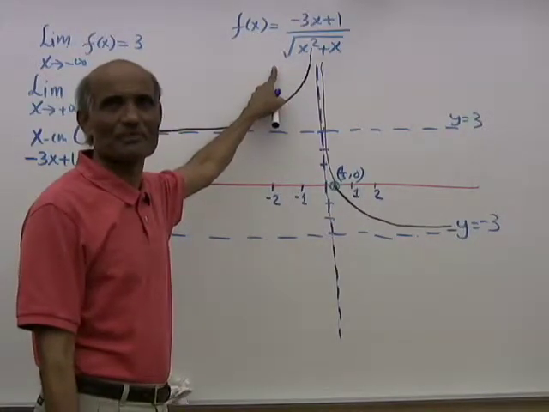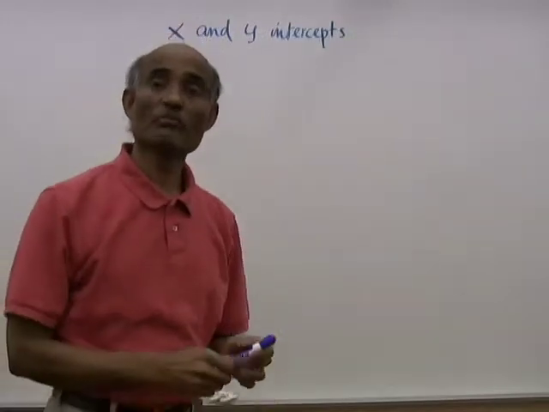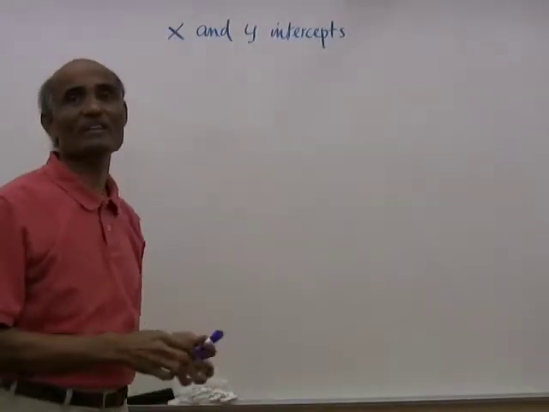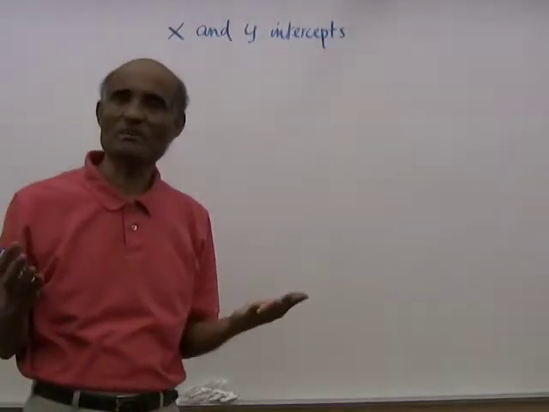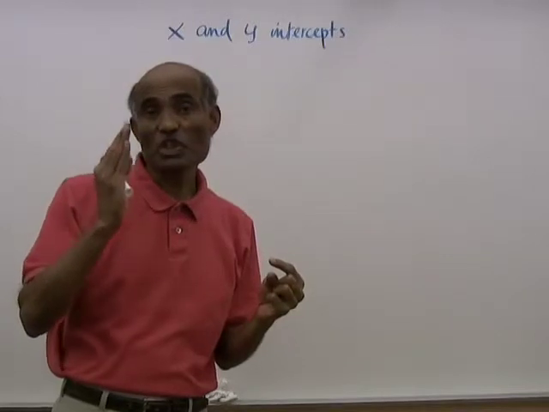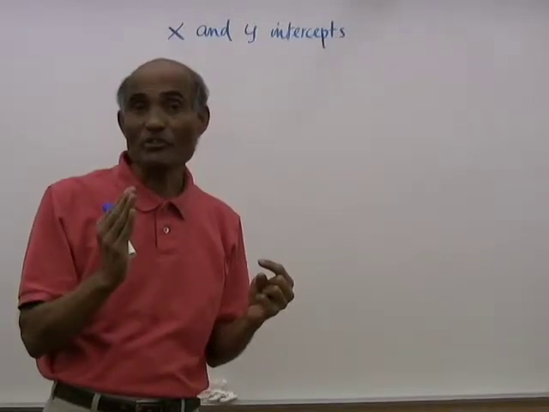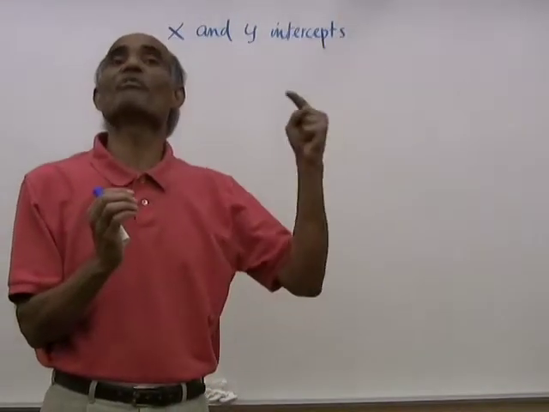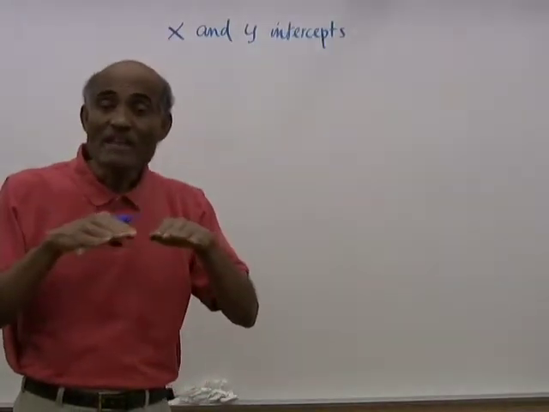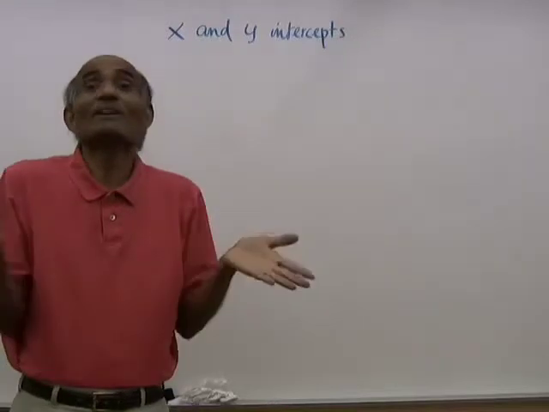Is that right? Okay. Before we finish the lesson, let's have a discussion on x and y intercepts. What is an x-intercept? An x-intercept occurs where the function cuts the x-axis. And what is the value of the function on the x-axis? Well, actually, the equation of the x-axis is y equal to 0.